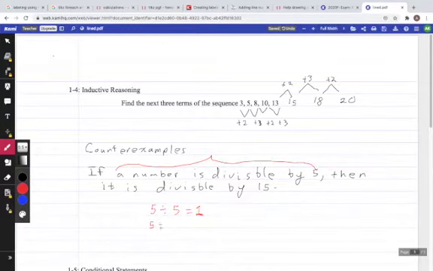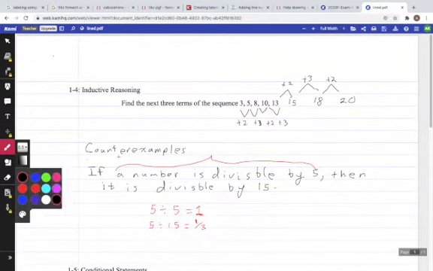So 5 divided by 15 is equal to 1/3. The fact that 5 is a counterexample just means that this entire statement is false.